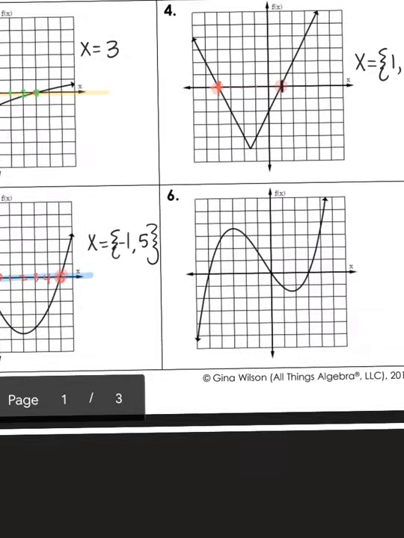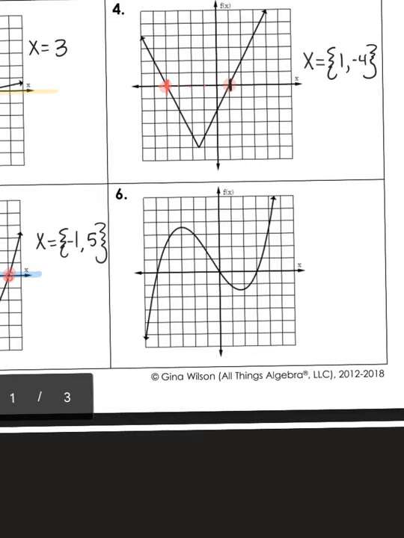All right, let's look at number 6. How many solutions, how many zeros do you see here? I see 1, 2, 3.